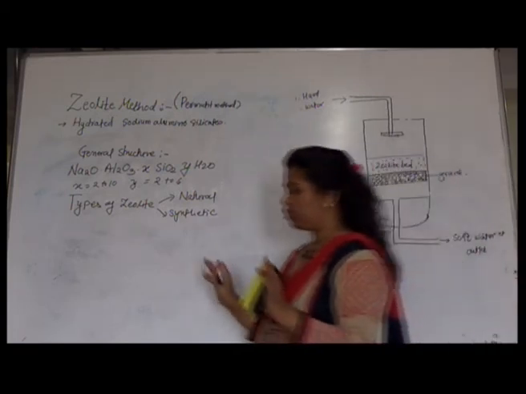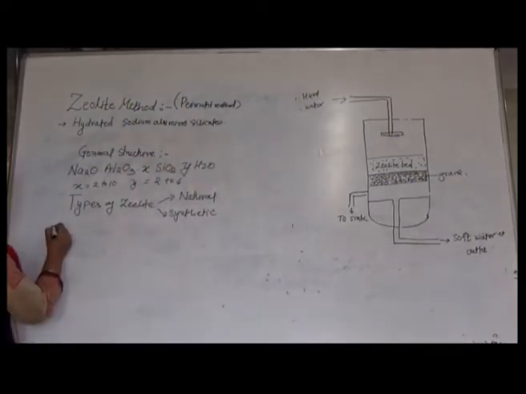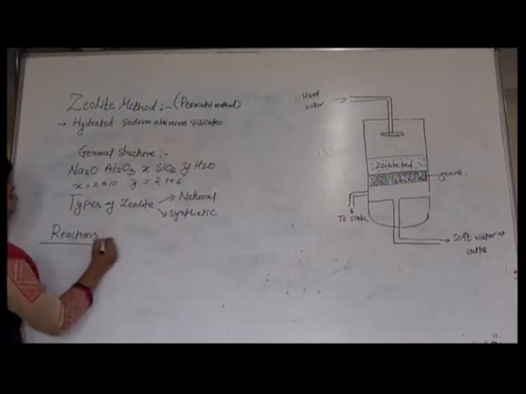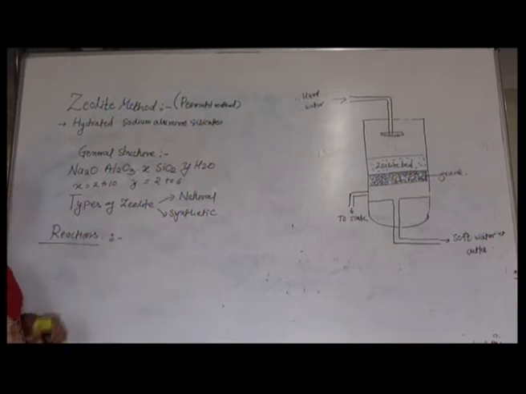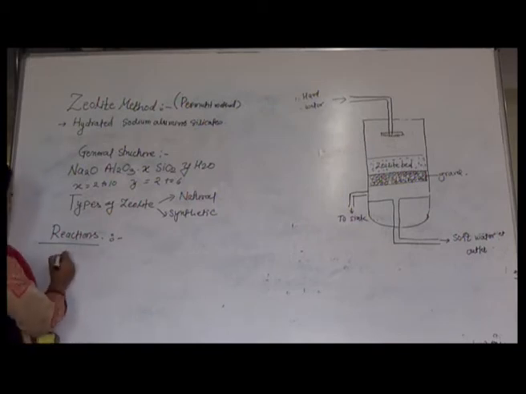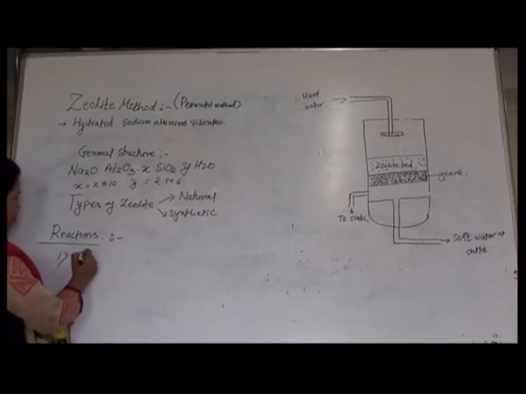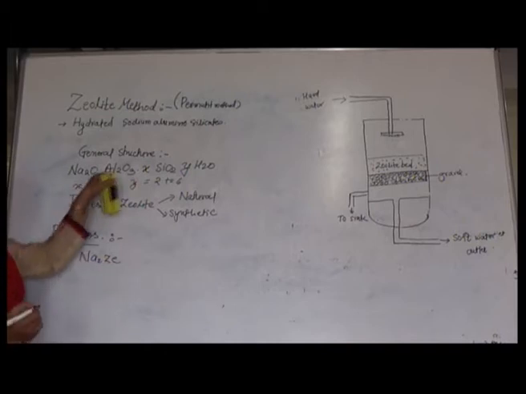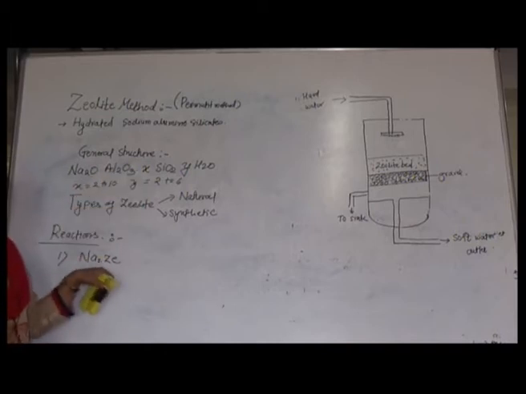So let us see the reactions which take place in this cylinder. Suppose temporary hardness causing salt is present in water, like calcium bicarbonate, magnesium bicarbonate. So I am taking an example: instead of this structure I am writing here Na2Ze. Na2Ze means sodium zeolite.